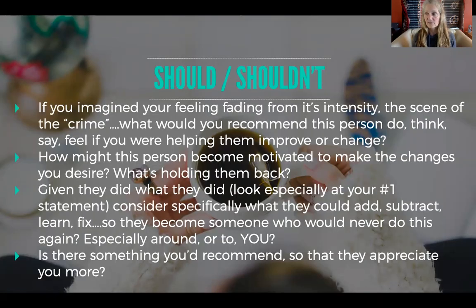So a way to consider this question and the answer to it is, if you imagined your feeling fading somewhat from its intensity that you had in number 1, number 2, like that scene of the crime right there, what would you recommend for the person or object or condition that you're looking at, so that they could make the change that you just identified?